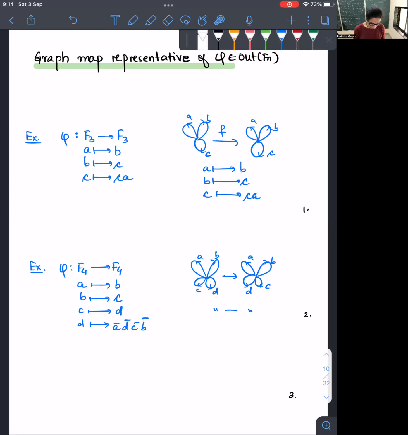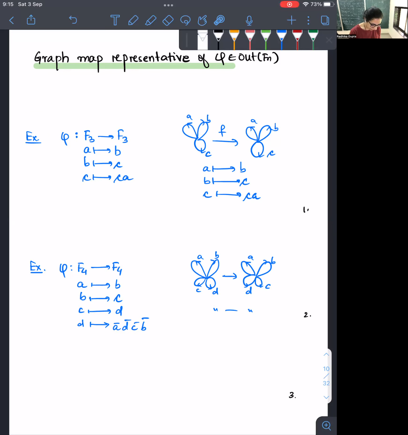Here's another example where the example is slightly more complicated. But again, I can just view this as a graph map on this rose with 4 petals. Now the edge D will go to the edge path A bar, D bar, C bar, and B bar. So there is a difference between these 2 graph maps.